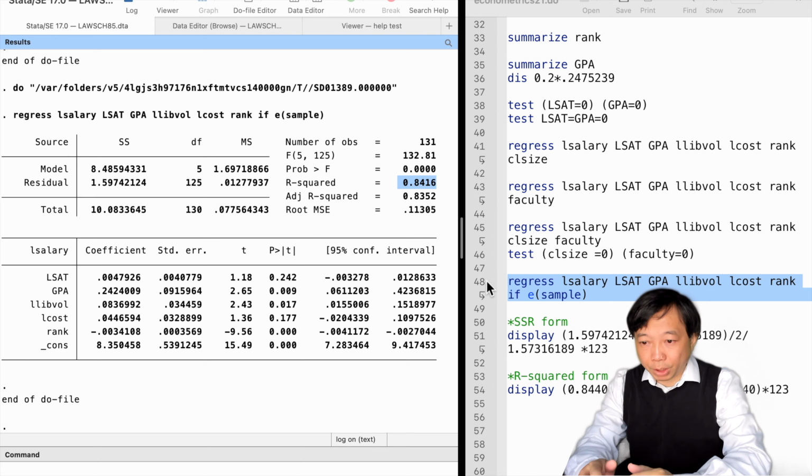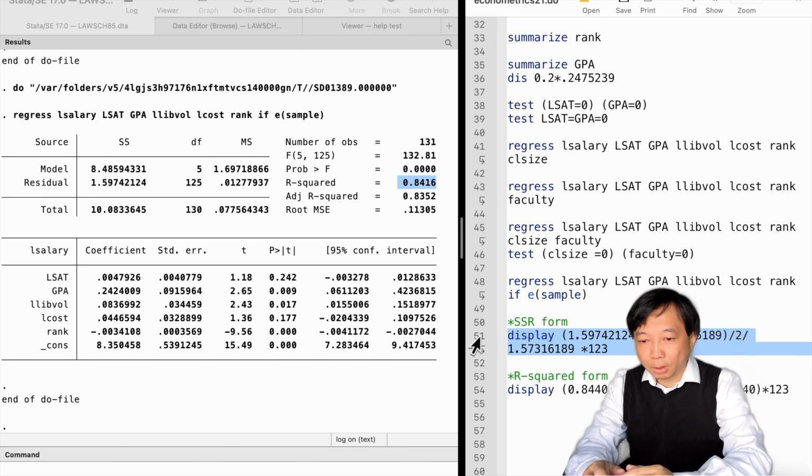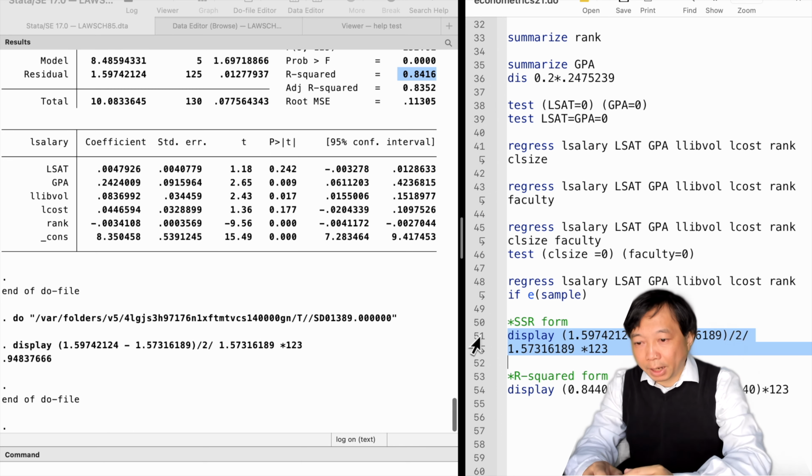That is why we use the condition statement if e(sample) in the Stata command. The number of restrictions is 2. The unrestricted model has 131 minus 8 equals 123 degrees of freedom. Plug in all the elements in the F statistic formula and we obtain the same result.